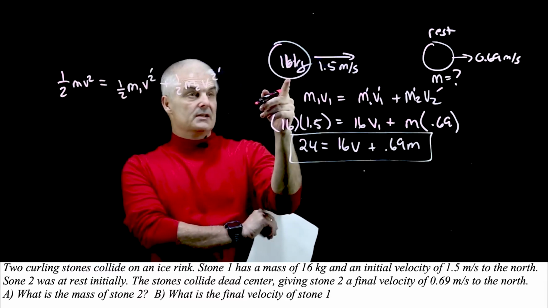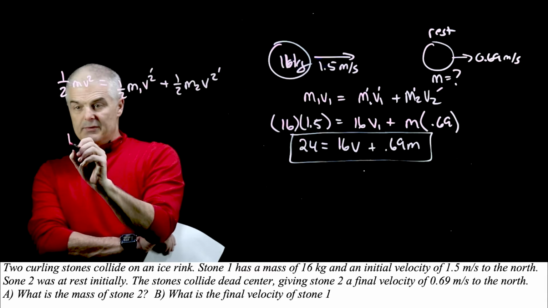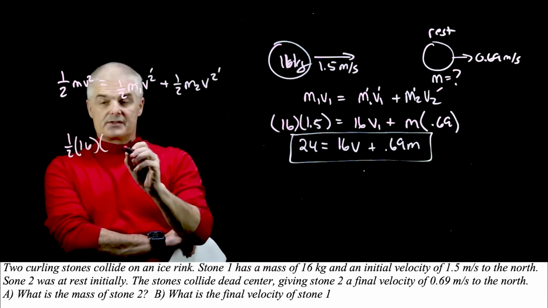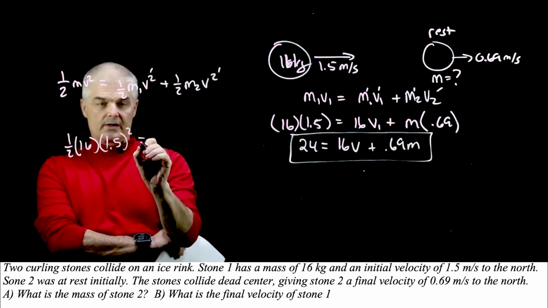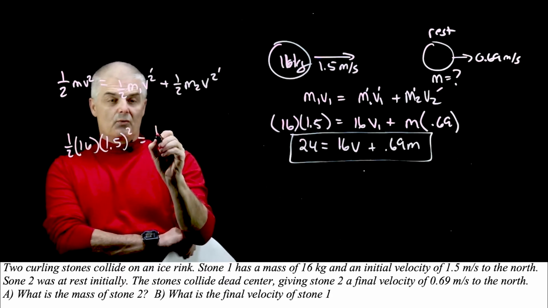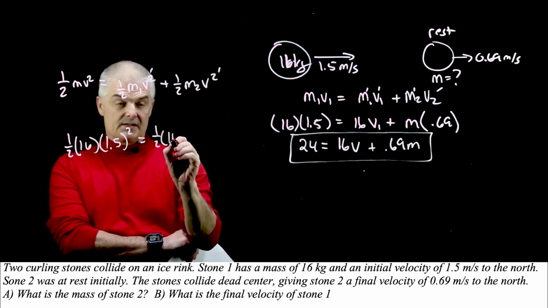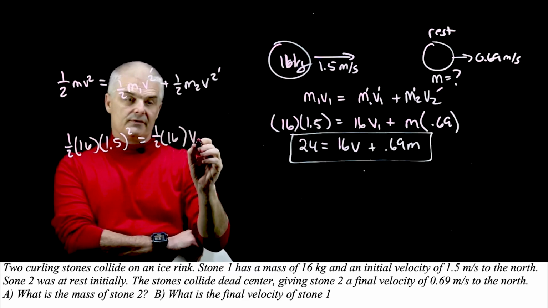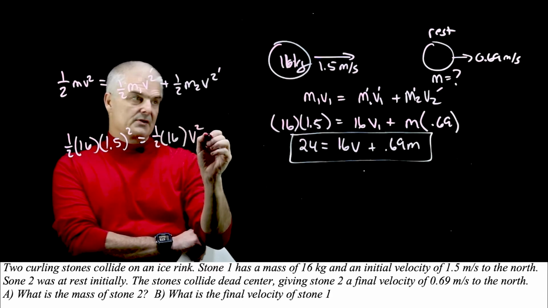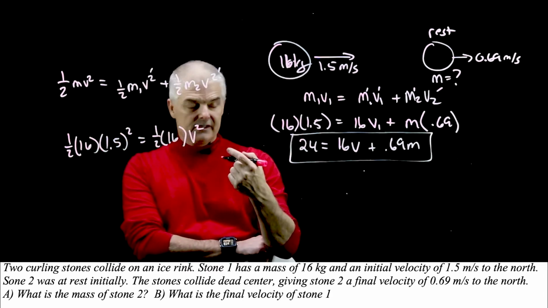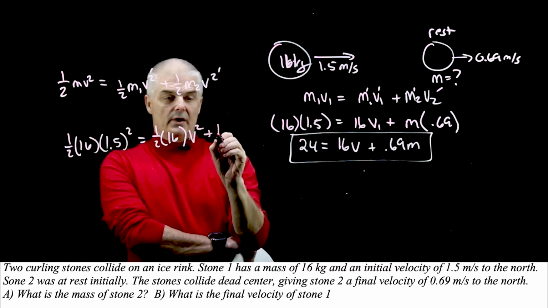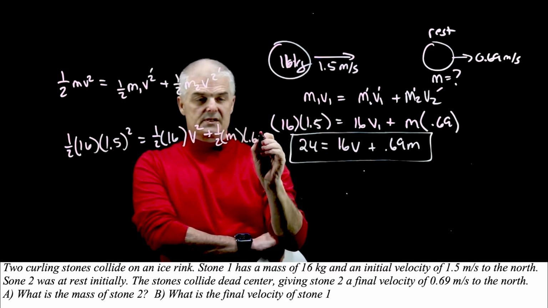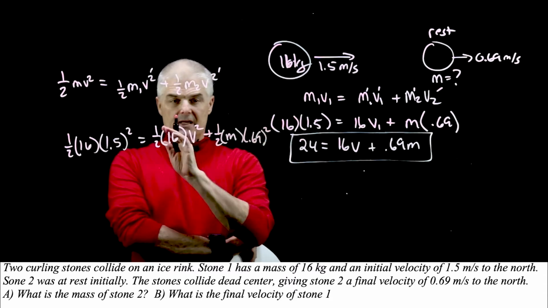I know the initial mass, so that's 1/2 times 16 times 1.5 squared. This will be 1/2 times 16, this is stone number 1, times v squared, plus 1/2 times m, which I don't know, times 0.69 squared.